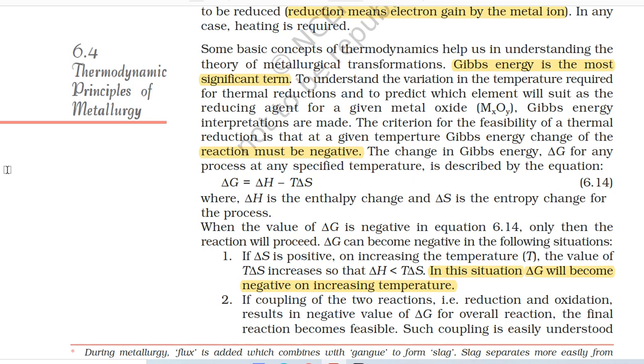The criterion for the feasibility of a thermal reduction is that at a given temperature, the Gibbs energy change of the reaction must be negative. The change in Gibbs energy, delta G, for any process at any specified temperature is described by the equation delta G = delta H minus T delta S, where delta H is the enthalpy change and delta S is the entropy change for the process.